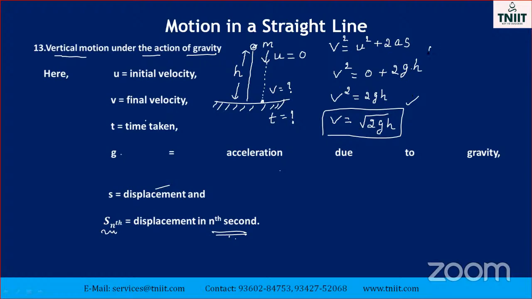Can you calculate the time? How to calculate the time? So you can use the formula v is equal to u plus a into t. Here the final velocity v is equal to u plus at. u is 0, plus a is nothing but g into t.